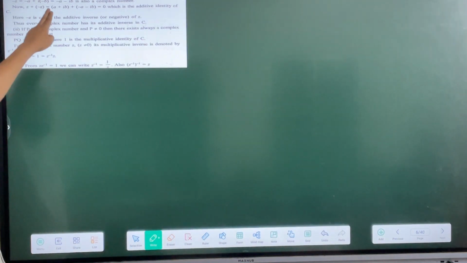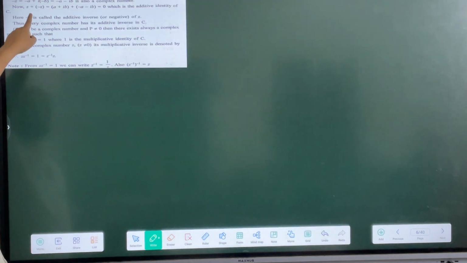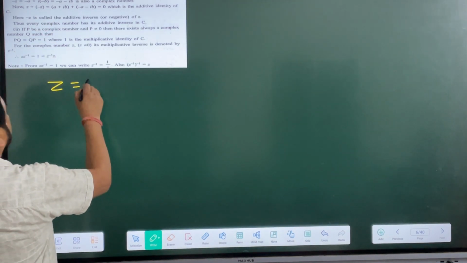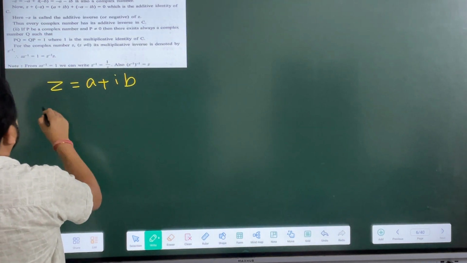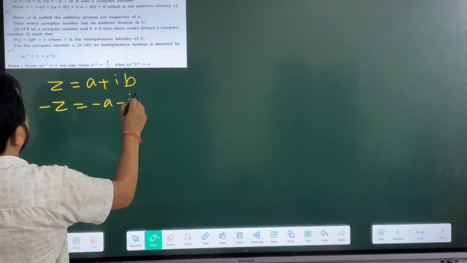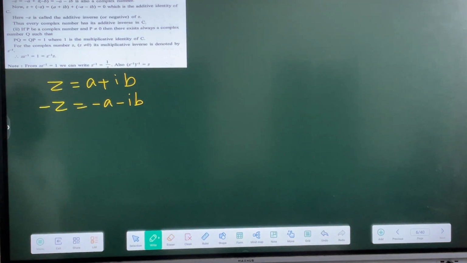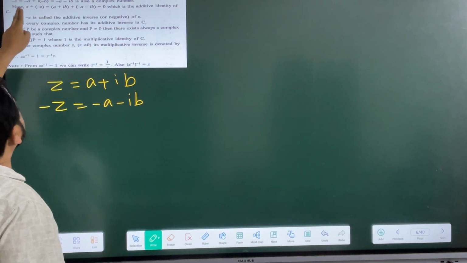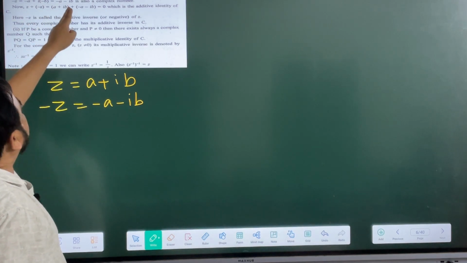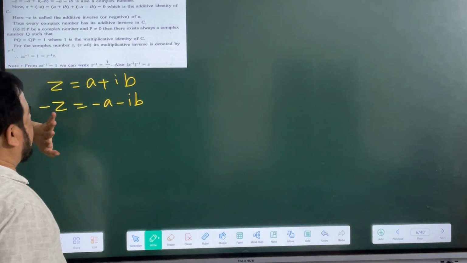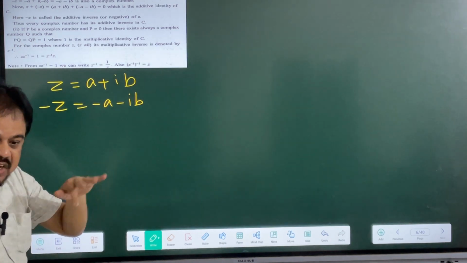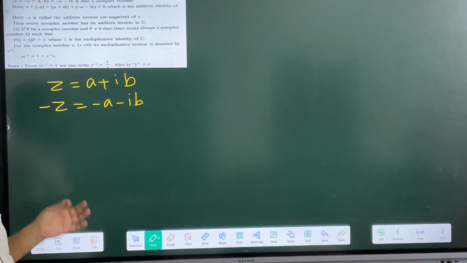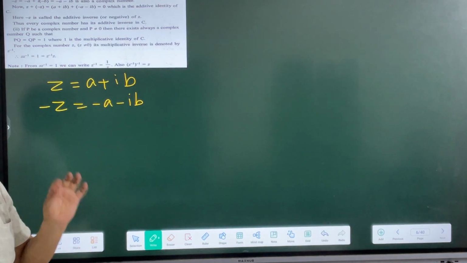Number 8, inverse property. Inverse property means opposite sign. If z equals a plus ib, then minus z will be minus a minus ib. If z equals a plus ib is a complex number, then minus z equals minus a plus i times minus b, and minus a minus ib is also a complex number. So if you change the sign of a complex number, after changing the sign you will also get a complex number.